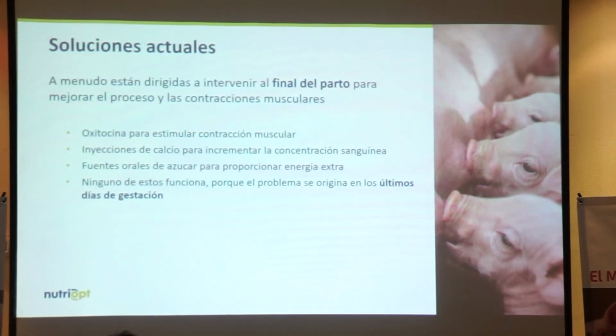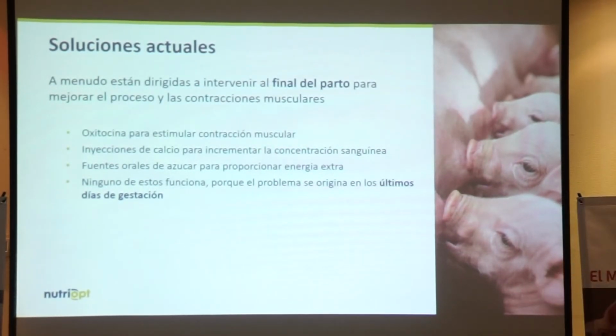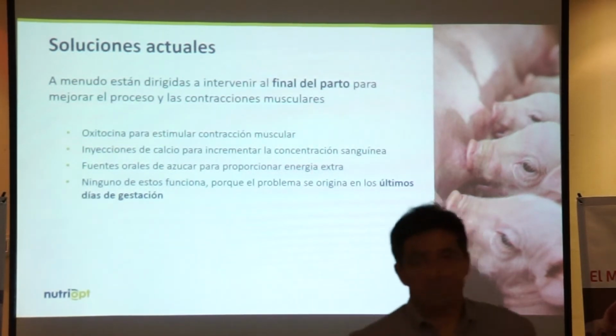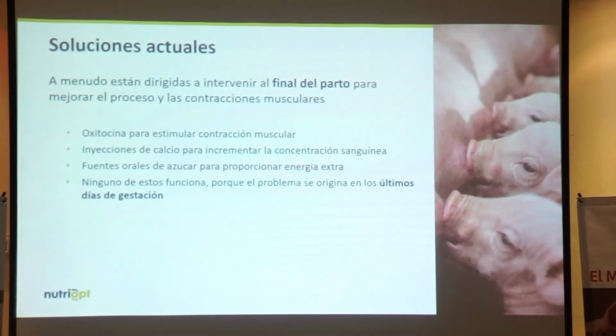In some cases, the sow could suffer from hypocalcemia, and that could also be a reason that the farrowing process is stopped. There are also solutions where you can provide the sow with extra dextrose.